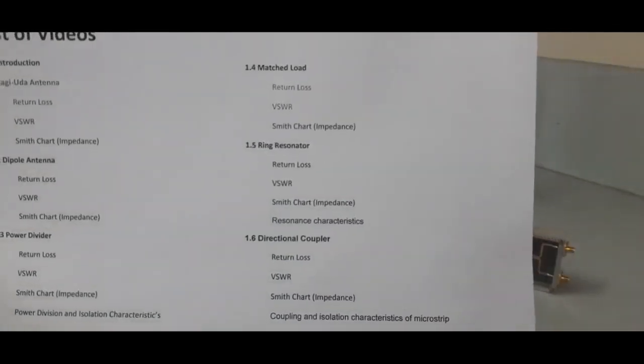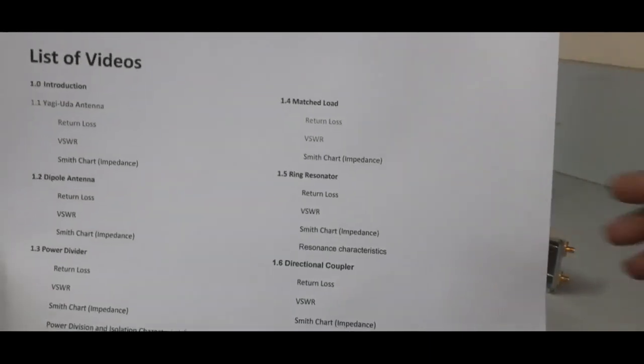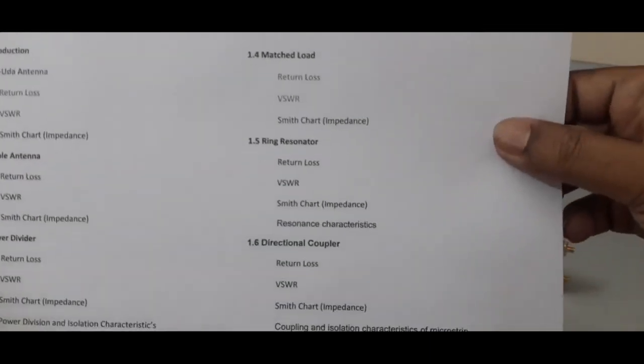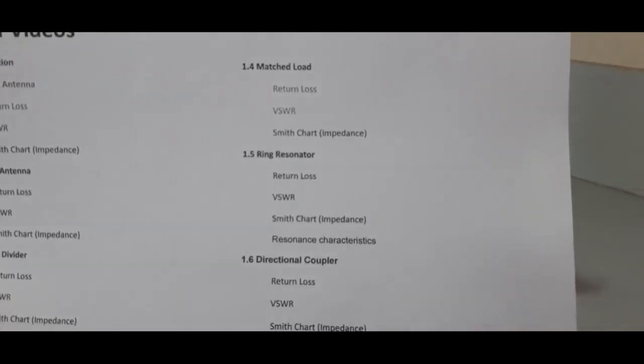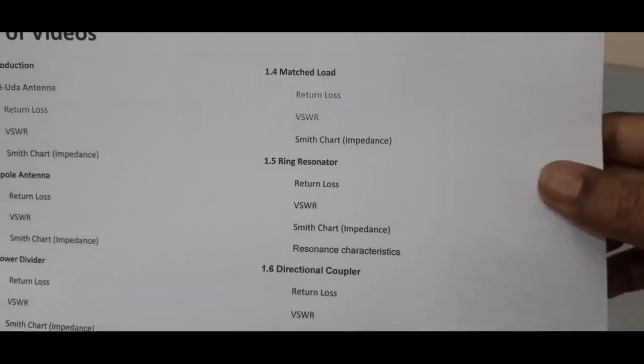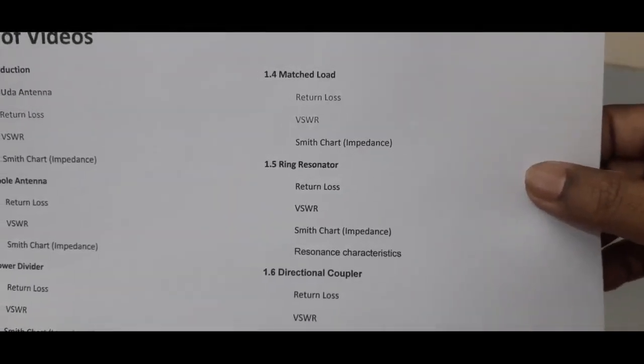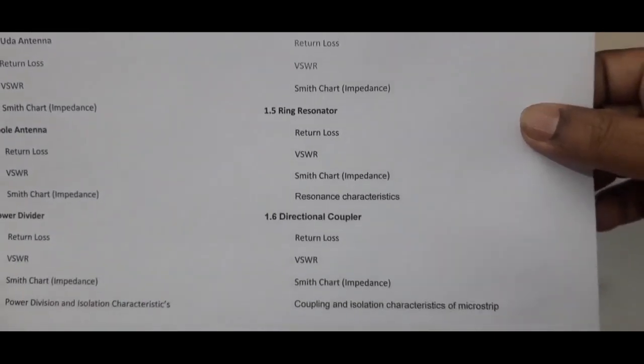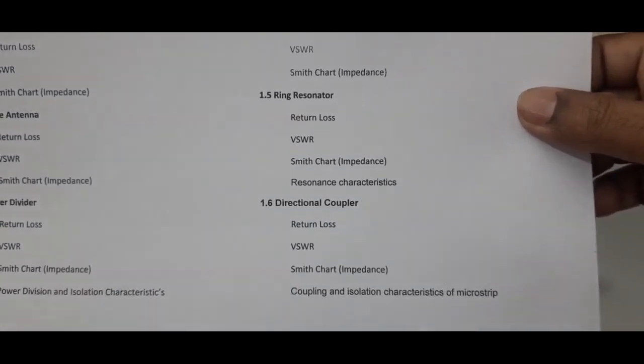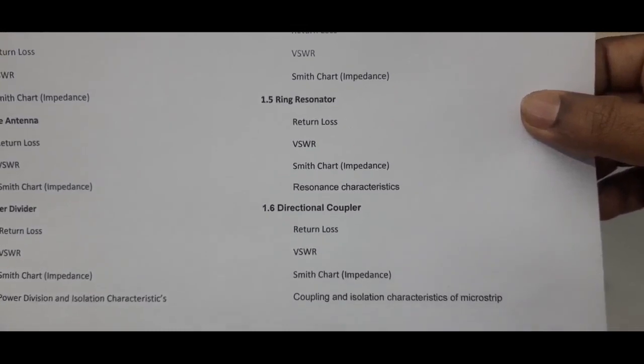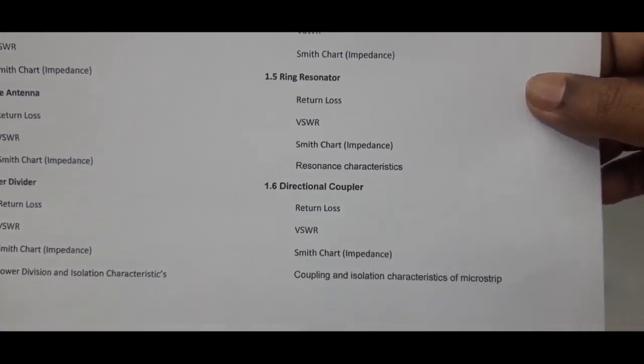And then we will check one matched load, a 50 ohms matched load. For that also we will check return loss, VSWR, impedance and all. Next, we have the ring resonator, whose resonance characteristic we will check, and the directional coupler.